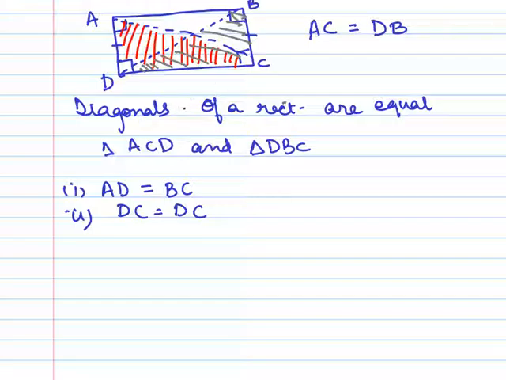Now the third thing we know about is the angle. This particular angle ACD will be equal to angle BDC. I think there is something, we have done AD, we have done DC.